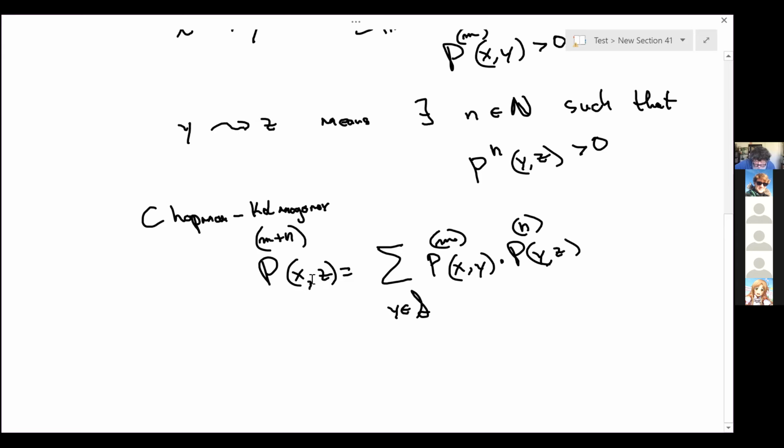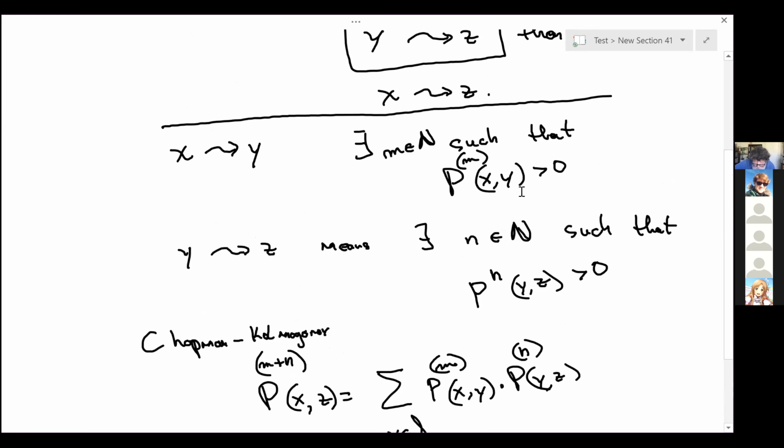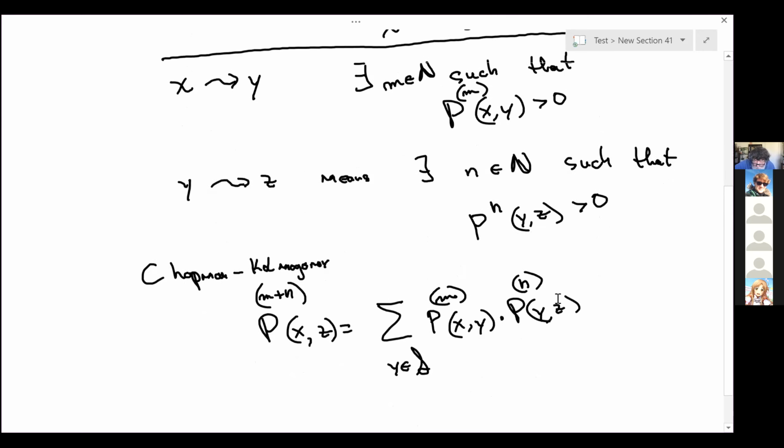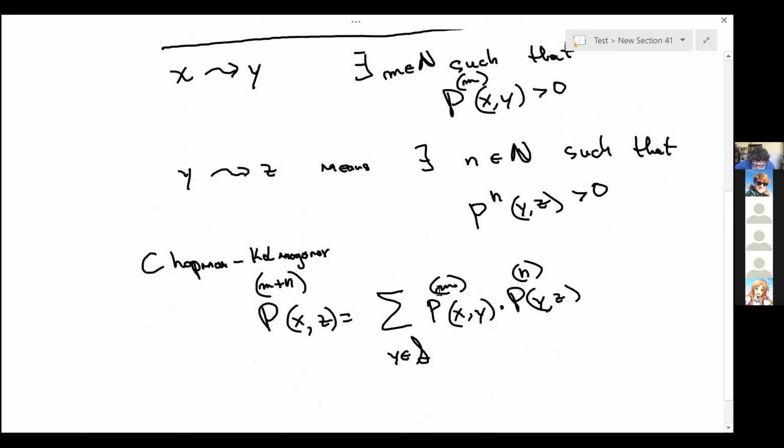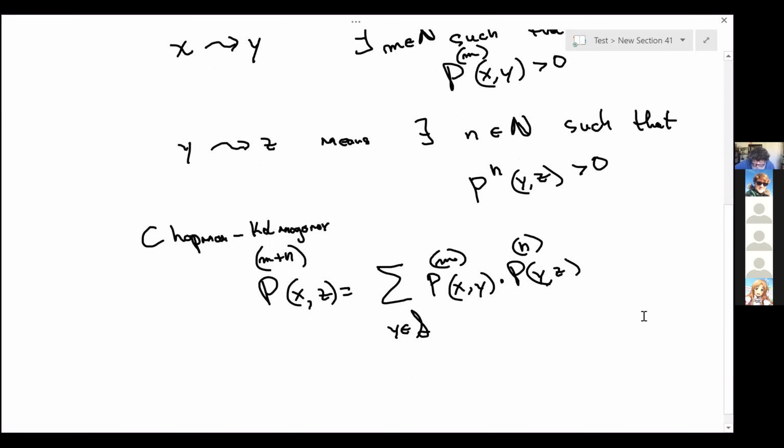So it's telling you how to get the chance of going from X to Z, where you've gone through some intermediate point. So what I'm thinking is, if you've got this thing being positive for some m, and this thing being positive for some n, so if you know that there are particular values here, suppose you pick the m and n so that they appear here in Chapman-Kolmogorov.